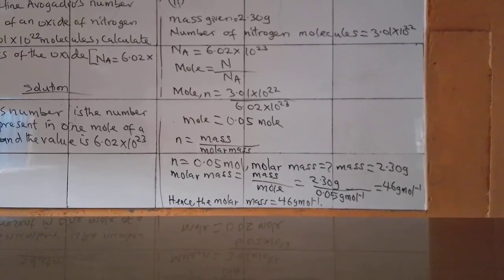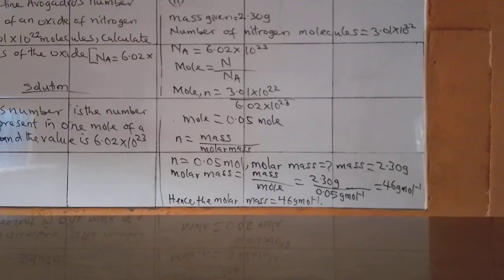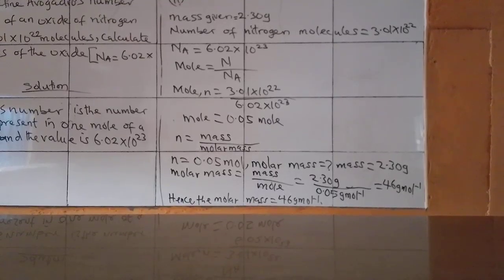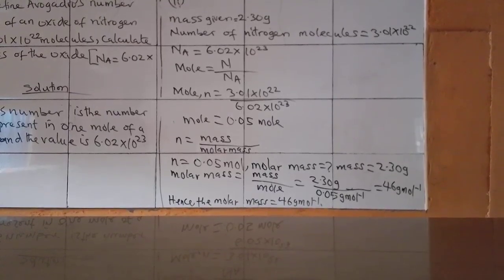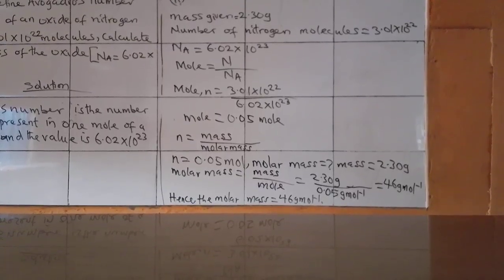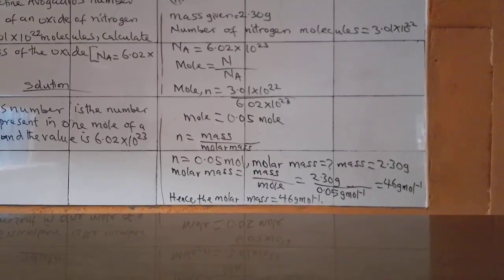Then we could also see that n is equal to mass all over molar mass. Now n is equal to 0.05 mole. Molar mass is unknown, which is to be calculated. The mass is equal to 2.30 gram.